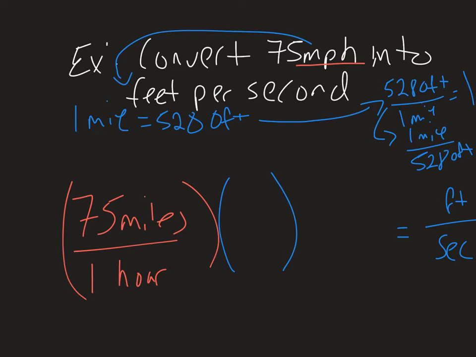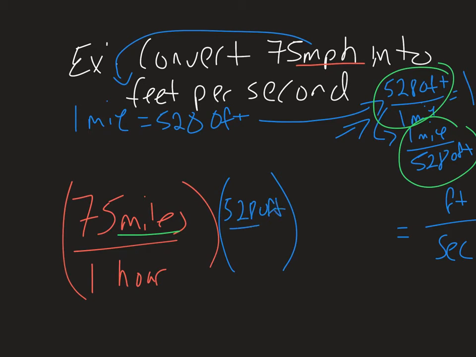So the idea is I'm going to use one of these two ratios that I've got in blue here. I want to use the one with the miles on the bottom, so that they'll cancel out with the miles on the top with our original red ratio. So we're going to use the first one we wrote: 5,280 feet divided by 1 mile.